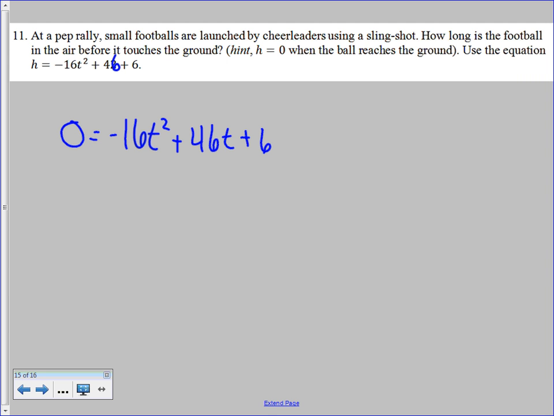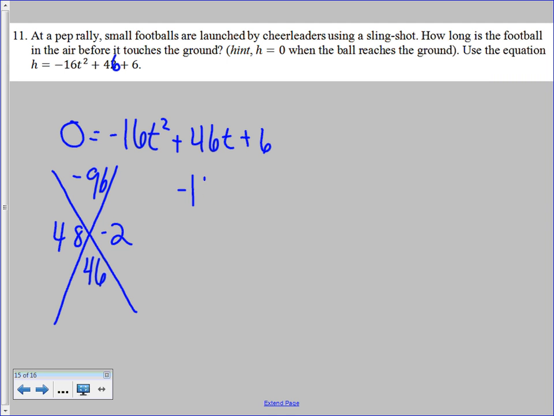So now you're going to go ahead and set up your x. You want to factor this. So negative 16 times 6 is negative 96, adding to 46. Pause your video, see if you can figure that out. I'll tell you that it's 48 and negative 2. Now set up your factors for grouping.